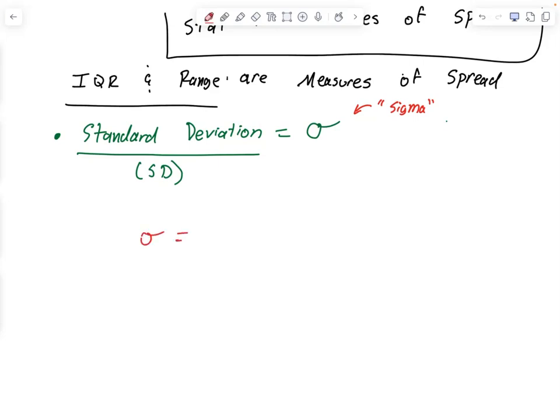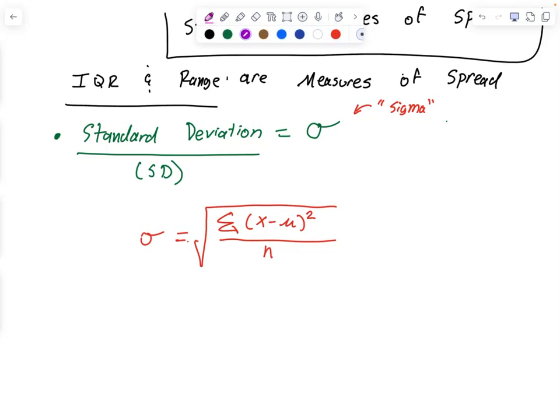Standard deviation equals the square root of the sum, of parentheses, x minus the mean squared, over n. I'm going to break down all of what this means in just a bit, piece by piece.